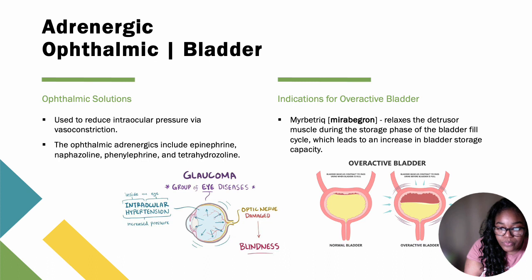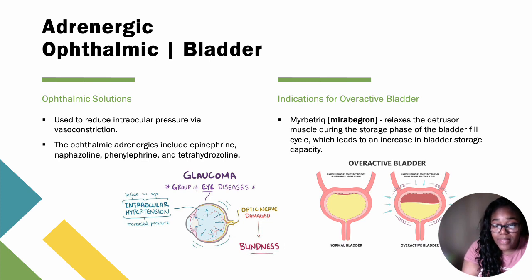When we have compression of the bladder, that means we're pushing things out of the bladder, specifically urine. So when we relax that detrusor muscle, it actually increases the storage capacity in the bladder because we're not pushing things out. We're allowing it to keep the contents of the urine inside of the bladder. So don't get those confused, okay?